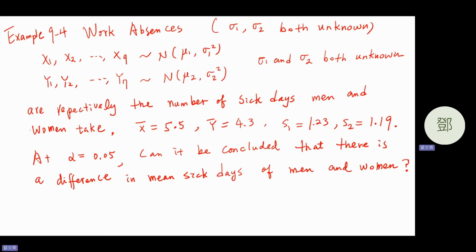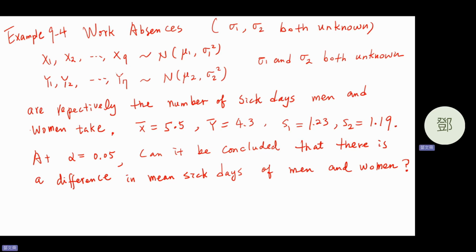Okay, I summarize what is described in the textbook. The example says that there is a sample of 9 men's sick days and a sample of 7 women's sick days.